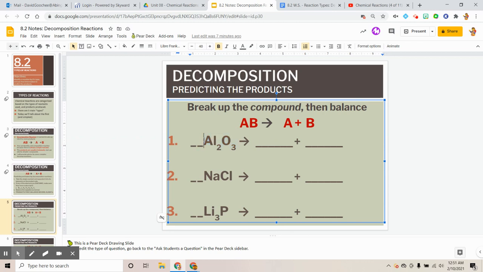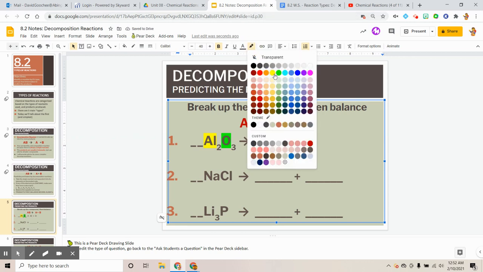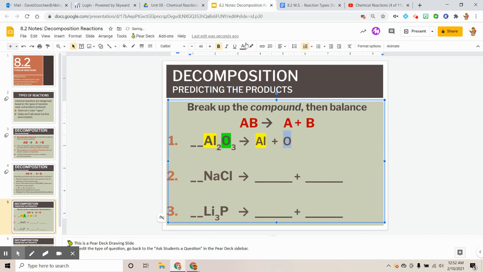So what's it going to break down into? Well, it's got 2 elements here. We've got aluminum as one element, and we've got oxygen as the other element. So right now, I'm just going to write down aluminum is one of the products, and oxygen is the other product.